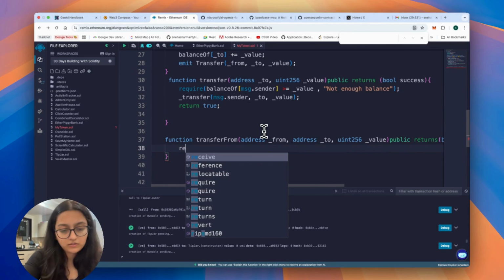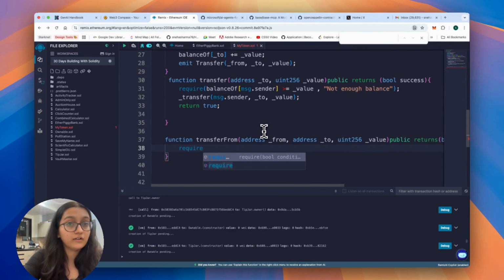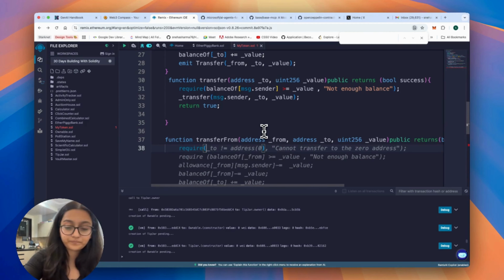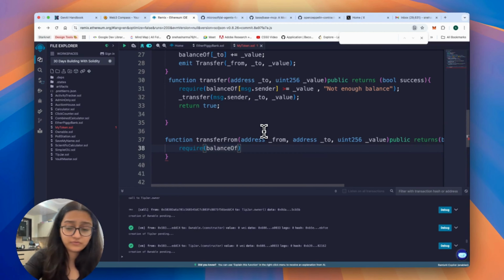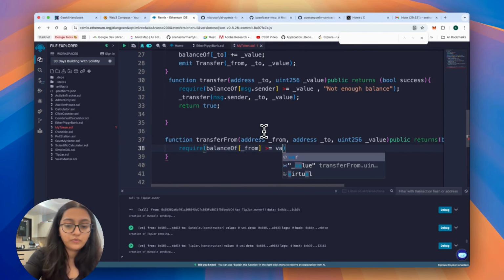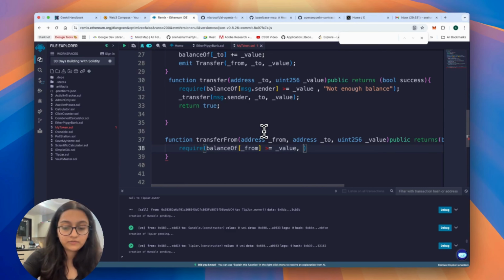Now, I need to check if the balance of whosoever is the from address has enough, right? So I say greater than or equal to _value, and I say not enough balance.